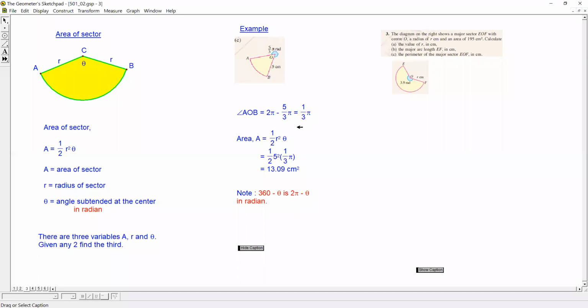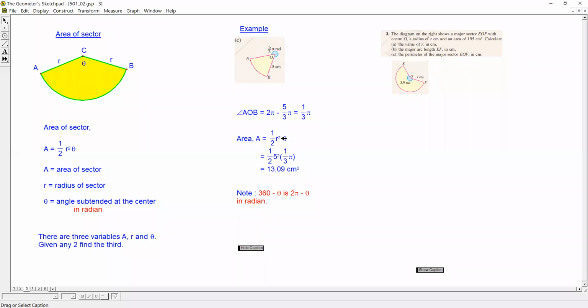Okay, now 1/3 pi. So again, now we use s equals half r squared theta. Half r squared, the r here is 5, so 5 squared. Theta is what? Theta is this angle, pi over 3. You cannot use degree.